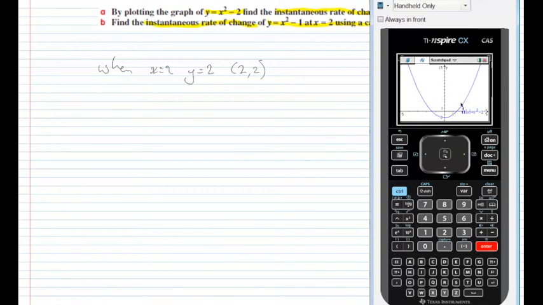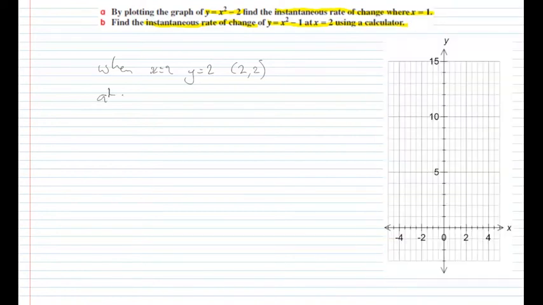The rate of change is equal to 4. So at the point 2, 2, the rate of change is 4. There we go. And that's it.